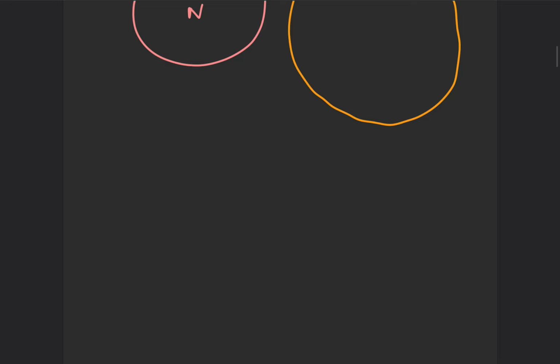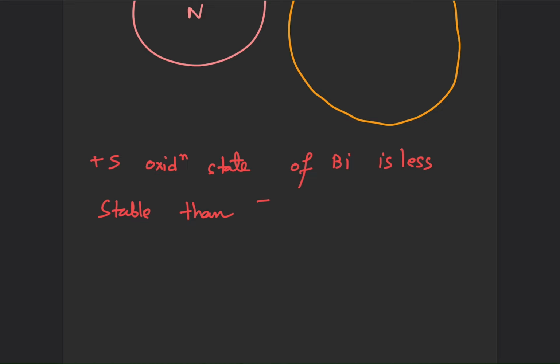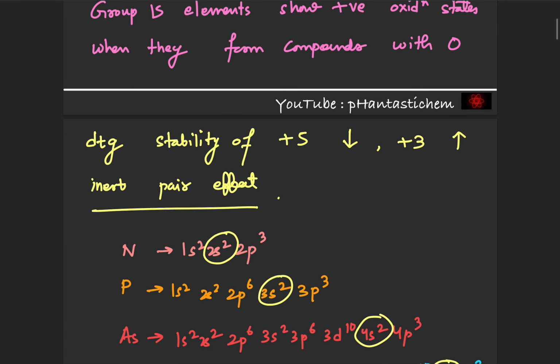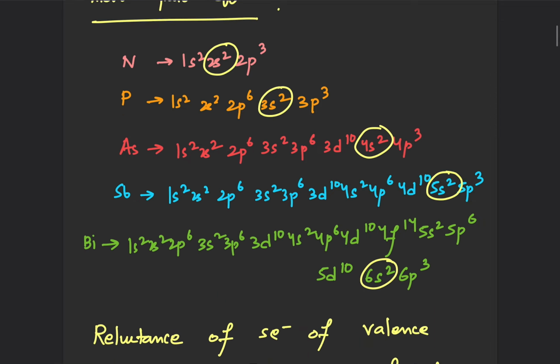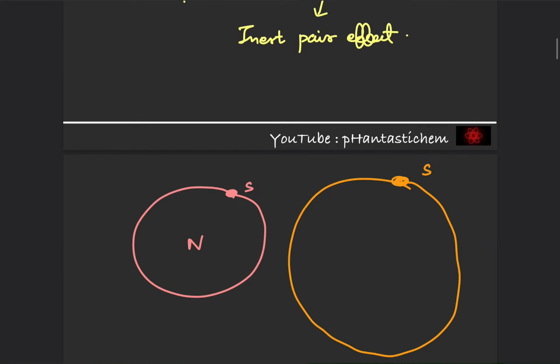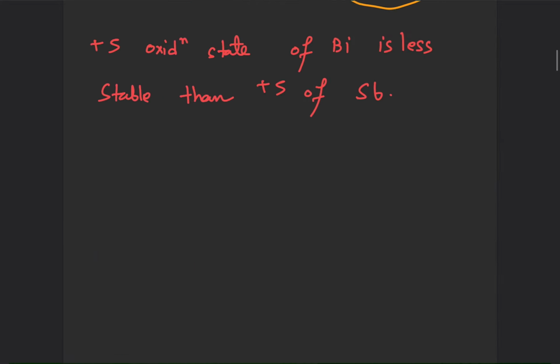So I will write down the statement, that is, +5 oxidation state of bismuth is less stable than +5 of antimony. And it keeps on decreasing, as we have mentioned that the stability of +5 decreases, so it's the least stable for bismuth.